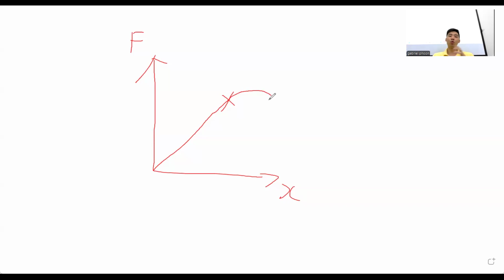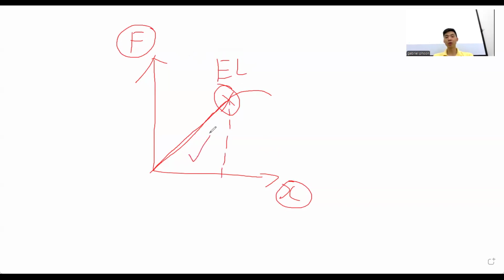From here, I can roughly remember the definition and also the formula. Listen up, the definition goes something like this. Hooke's law states that the force exerted on a spring is directly proportional to the extension of the spring, provided that the elastic limit is not exceeded. In other words, this part here obeys Hooke's law.